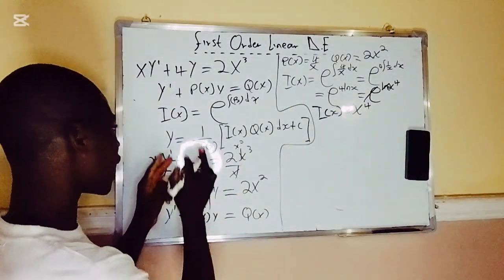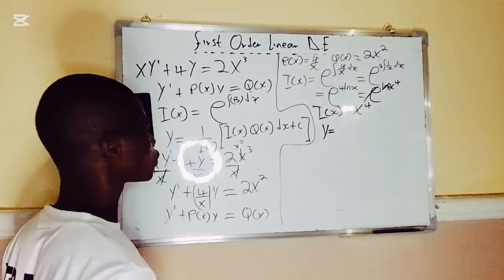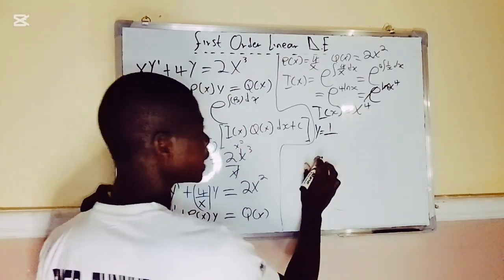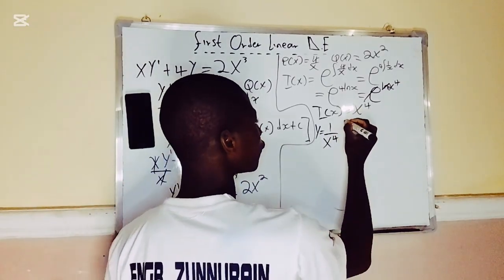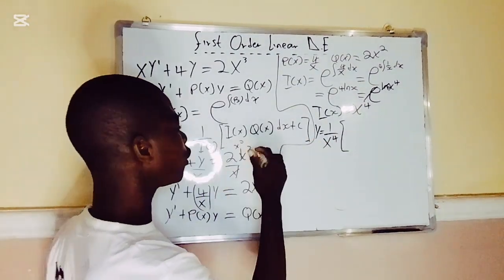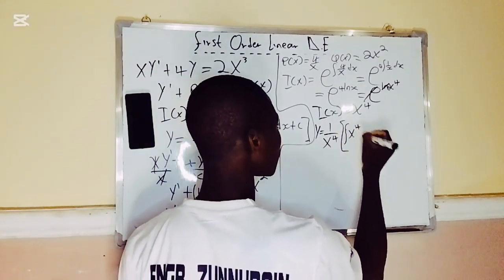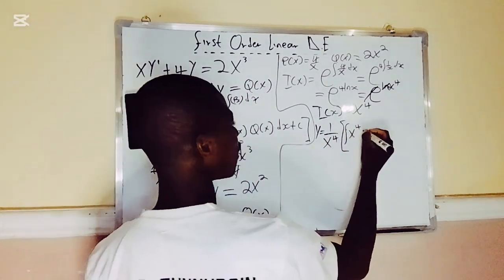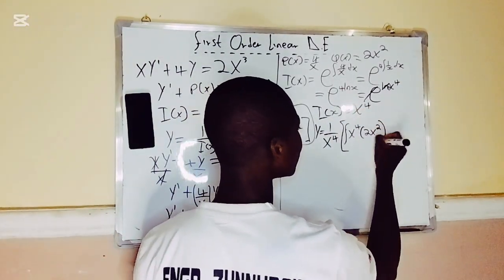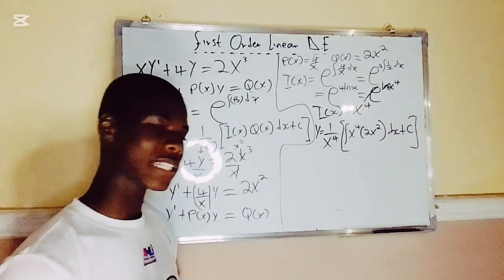The next thing I have to do is substitute to get the value of y. So y equals 1 over the integrating factor, which is x to the power of 4, multiplied by the integral of the integrating factor, x to the power of 4, multiplied by q of x, which is 2x squared, dx plus c.